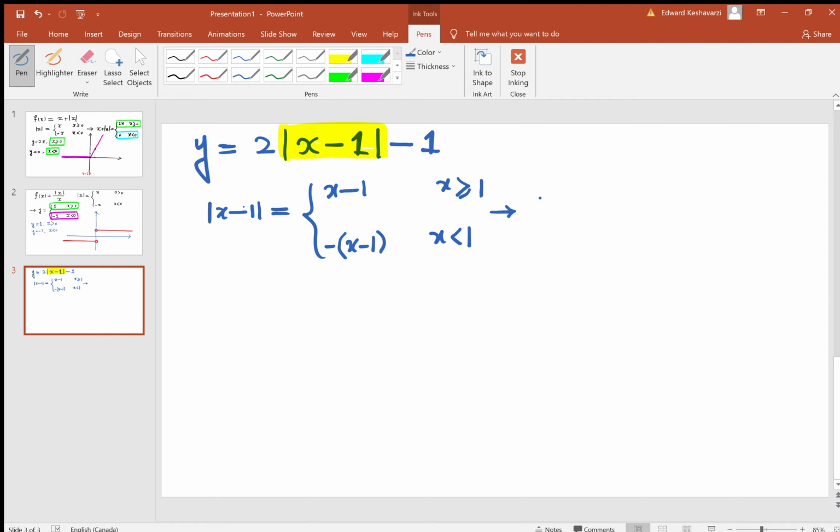So therefore, y becomes, I multiply by 2 and then subtract 1. Likewise, I multiply by 2, then subtract 1.